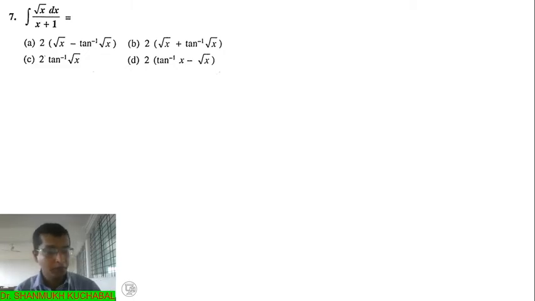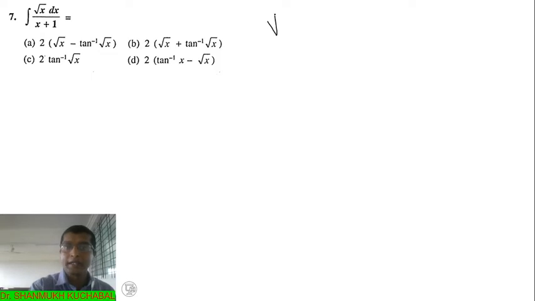Next we will move to example number 7. It is the integration of root of x divided by x plus 1 into dx. Here we have to use the method of substitution. So I take root x as a new variable t.